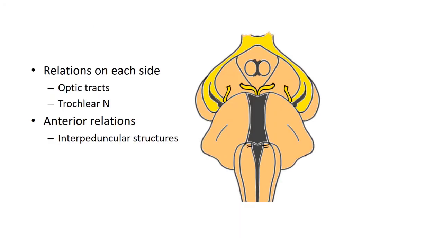Coming to the relations of the midbrain, as we saw, on each side it is related to the optic tracts and trochlear nerve. Anteriorly, it is related to the interpeduncular structures, that is the structures between the two cerebral peduncles, including the mammillary bodies, tuber cinereum, etc. The interpeduncular structures is a separate topic.